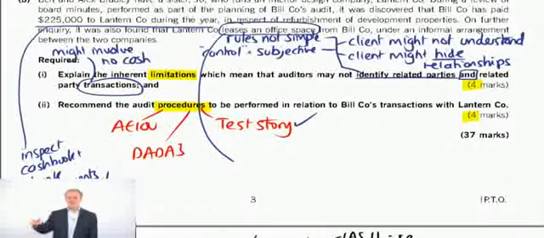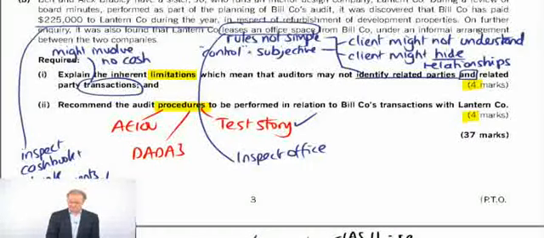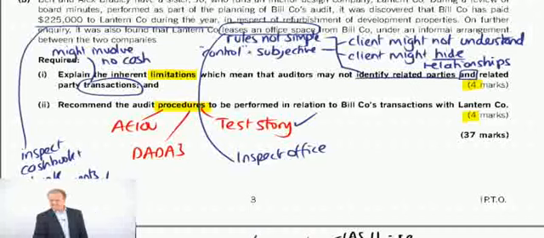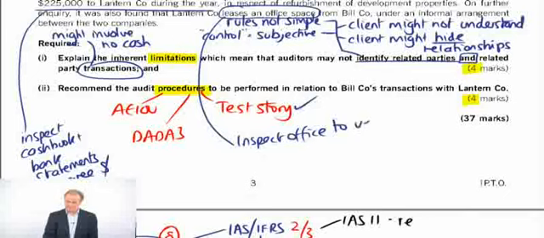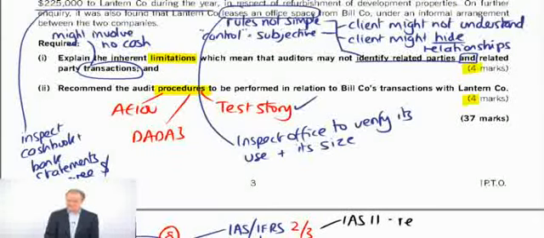So how do you know she is in that office? Inspect the office, to verify that she's in it. But also to assess how big it is, because that is going to help tell you its value.